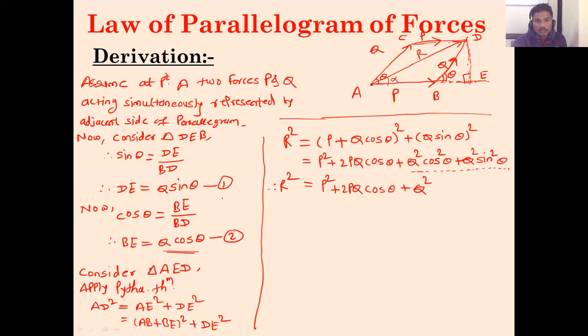If this is R square, then what will be the value of R? Under root, P square plus 2PQ cos theta plus Q square.